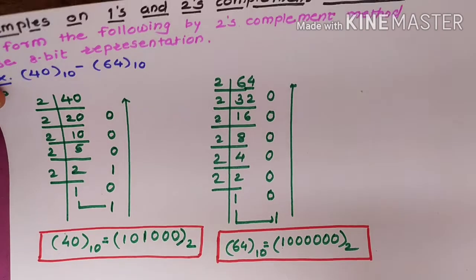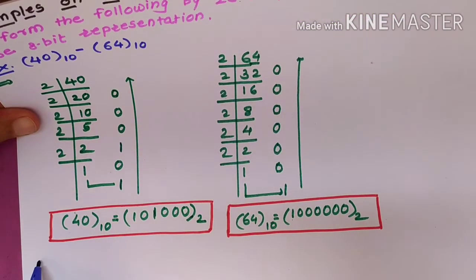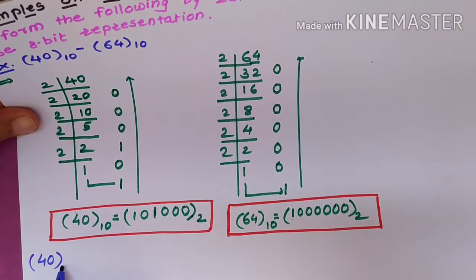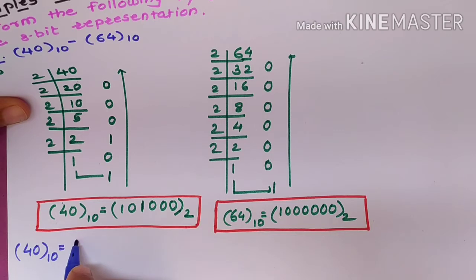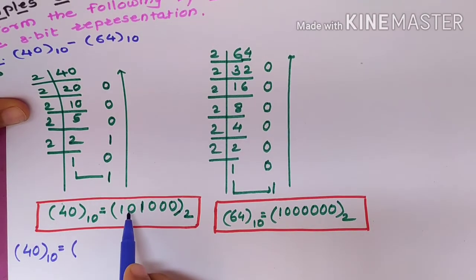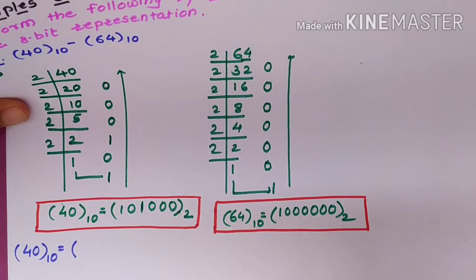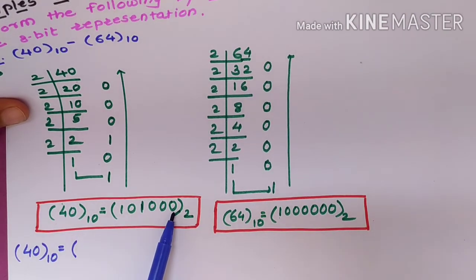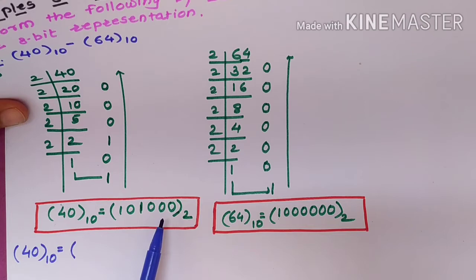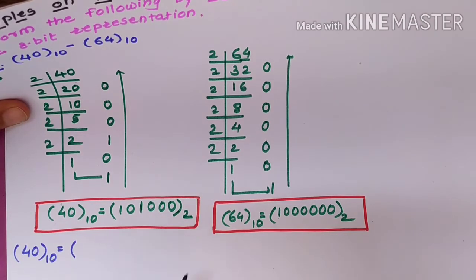So 40 decimal in binary has 6 digits, but we have to represent it in 8 bits.